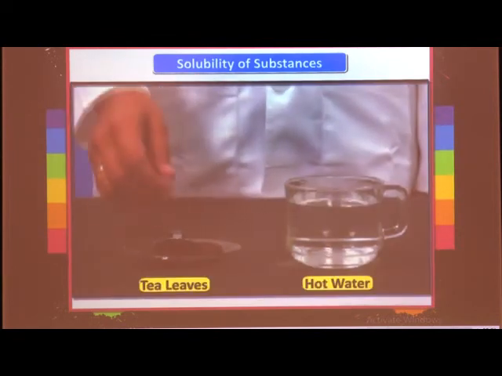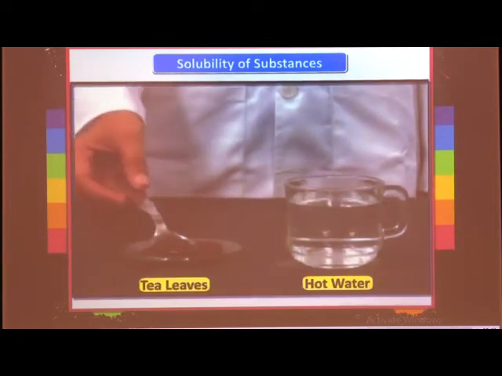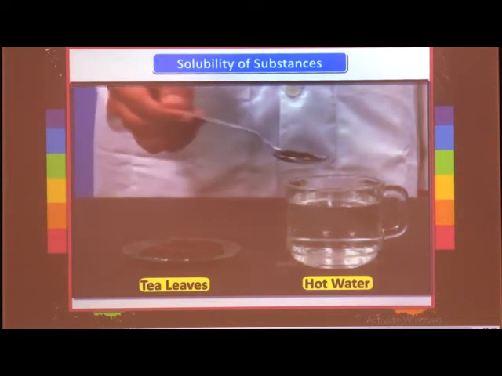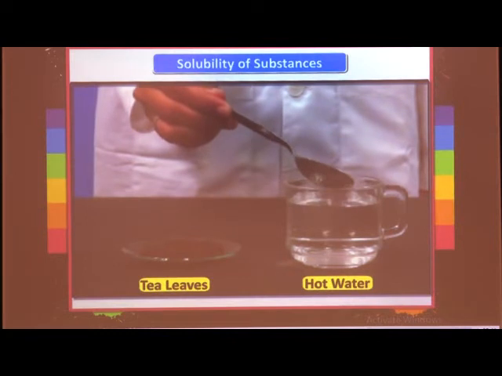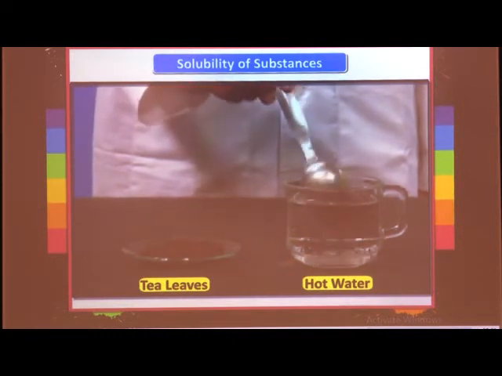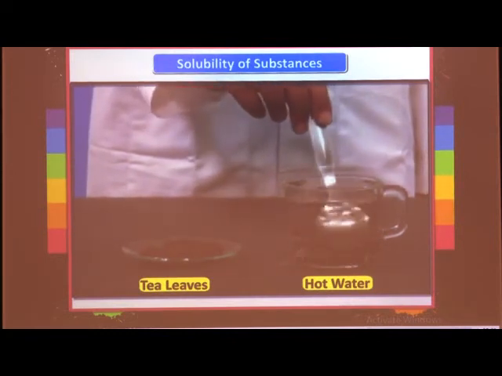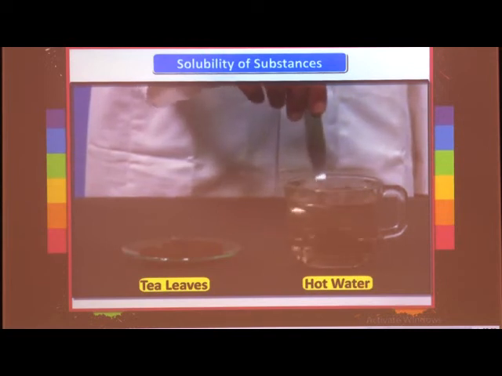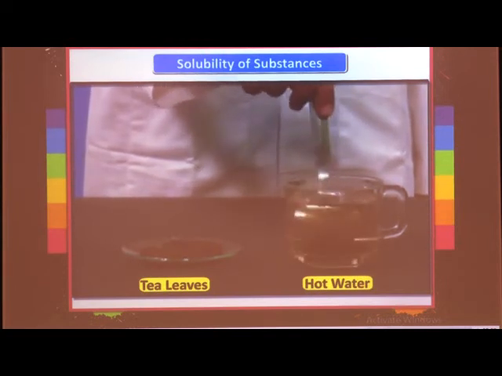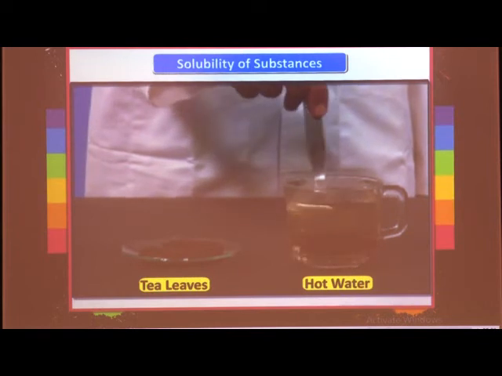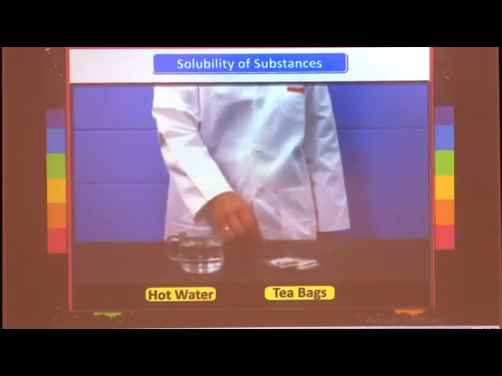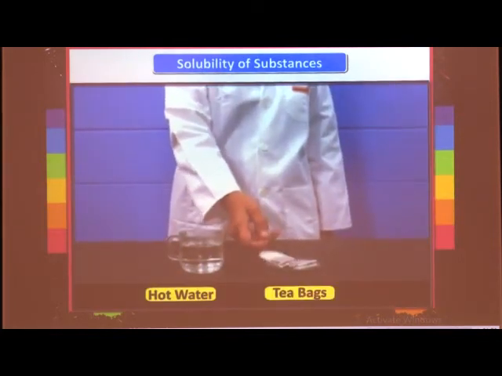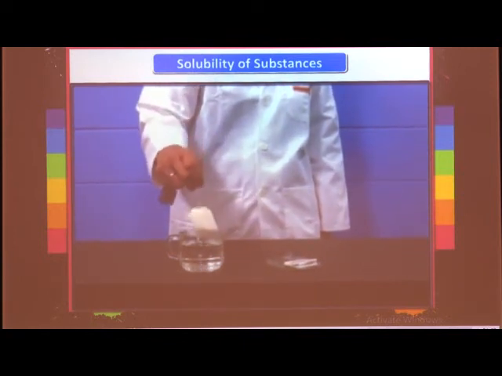On the other hand, we cannot make tea by simply dissolving the tea leaves in water. Because tea leaves are not soluble in it. Therefore, tea bags are dipped in hot water for extracting the flavor of tea leaves.